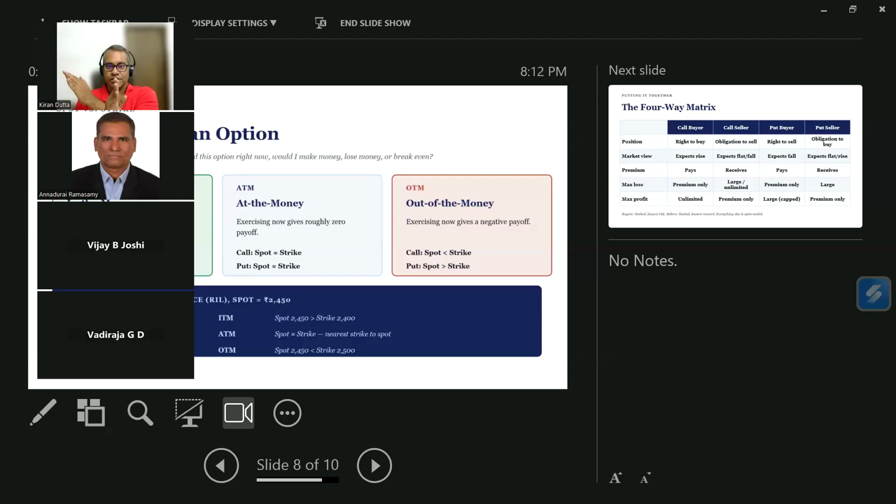When my strike price is less than my spot price, that is in the money, I'm going to make the money. When my strike price is greater than my spot price, that is out of the money, I'm actually going to lose the money. Clear everyone on this? Everyone clear?